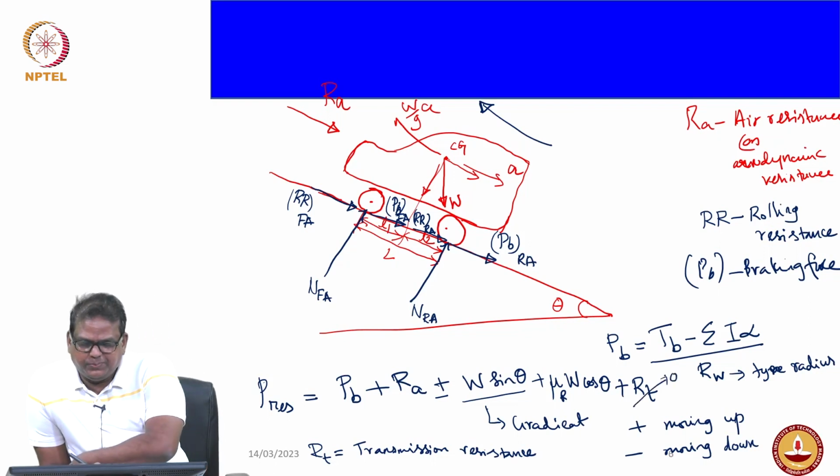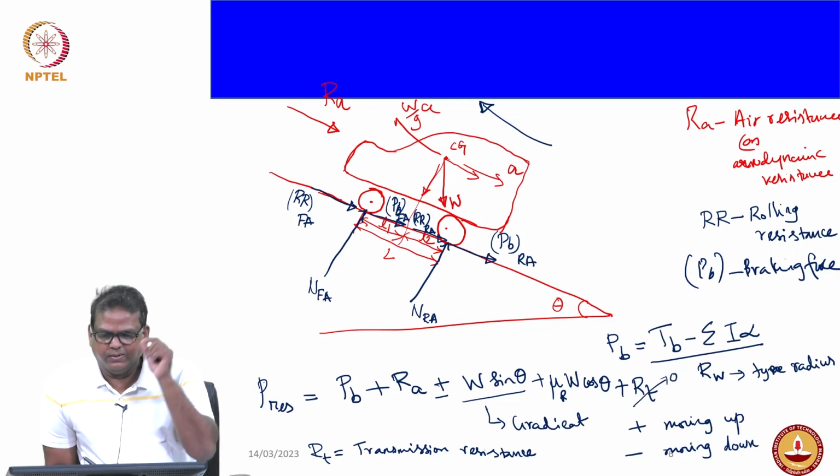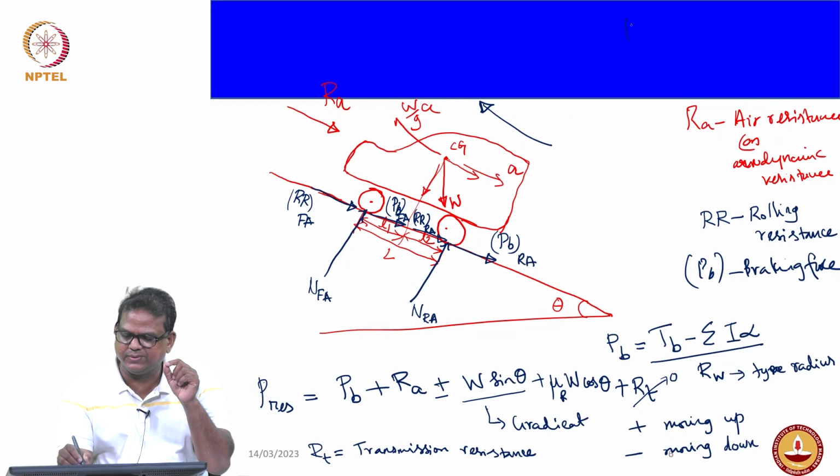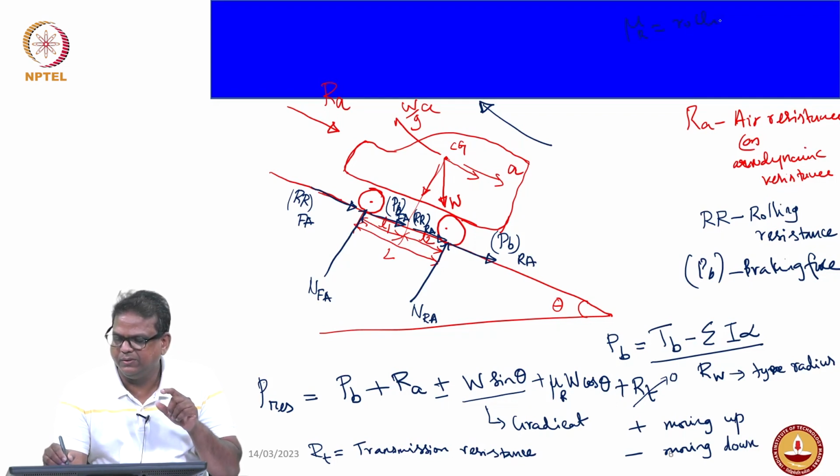Okay. How about this component mu r W cos theta? Already I mentioned that mu r is the coefficient of friction in rolling, right? Rolling coefficient of friction. What is the typical value?